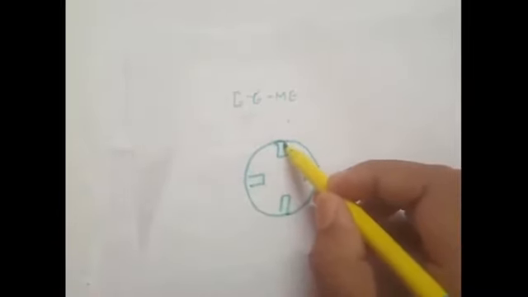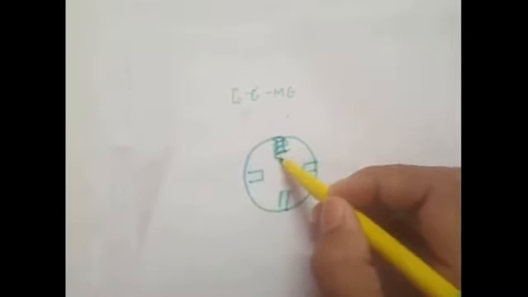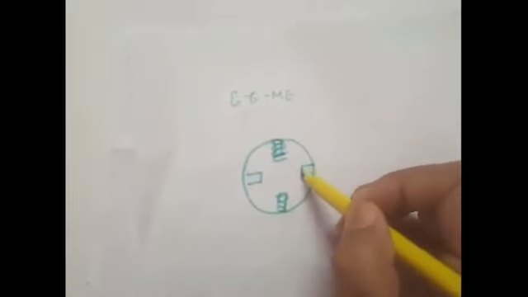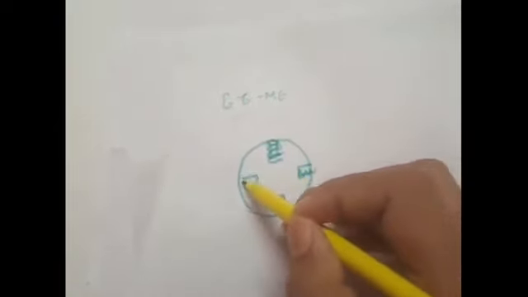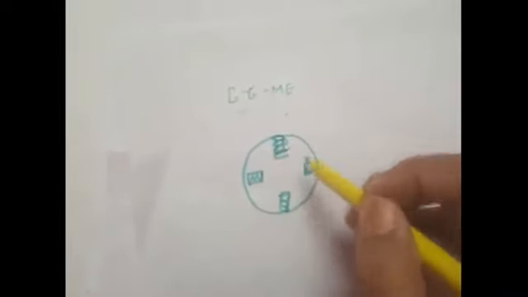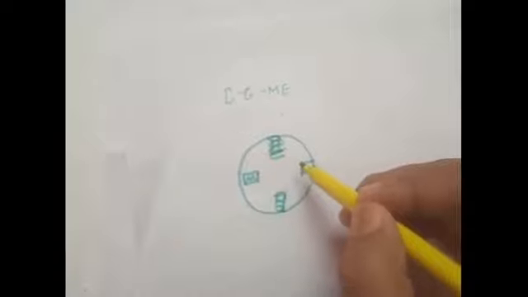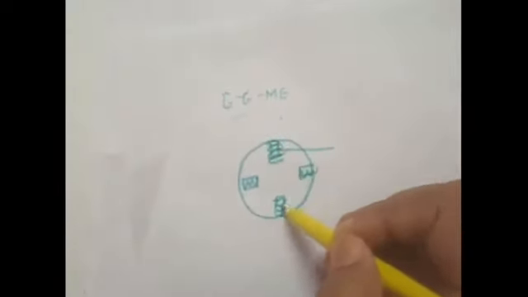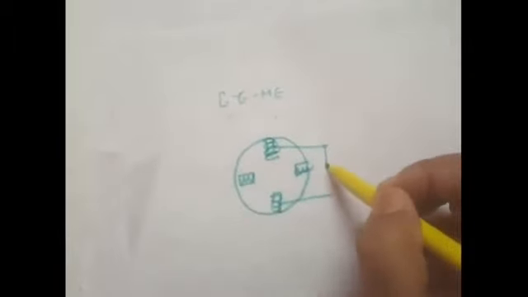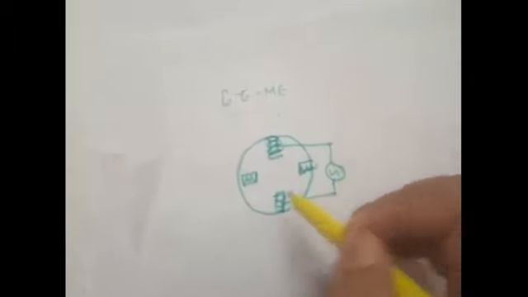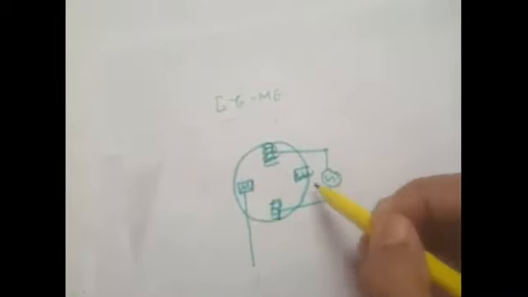So here these are the two pairs of coils, and these coils are given supply by two AC sources. This is given supply by one source and this is given supply by another source.